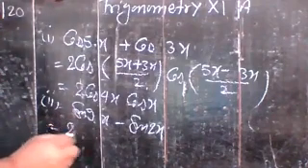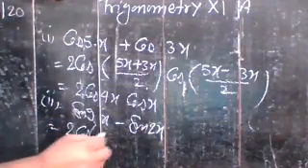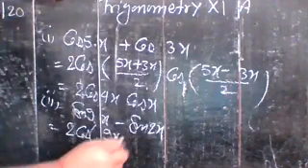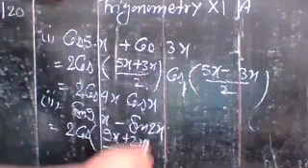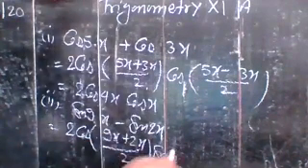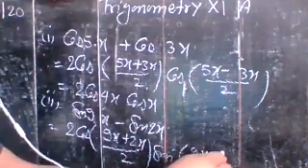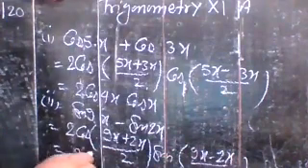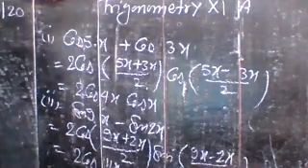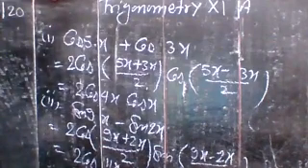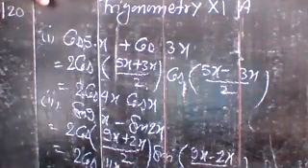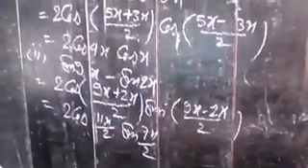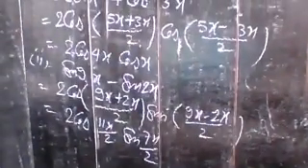So applying it, 2 cos of 9x plus 2x by 2 and sine of 9x minus 2x by 2. So that is equal to 2 cos 11x by 2 and sine 7x by 2. So that is your answer.